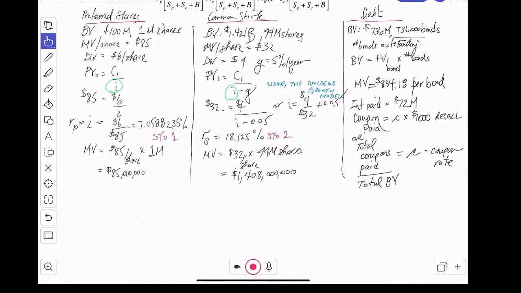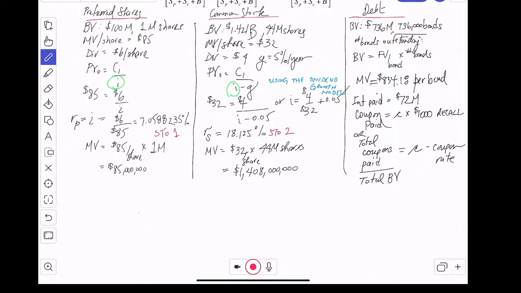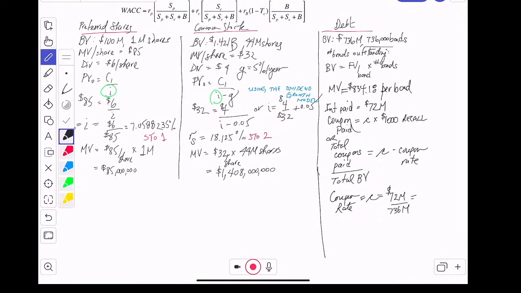So I end up getting that the coupon rate is equal to 72 million divided by 736 million, or a rate of 9.783%.